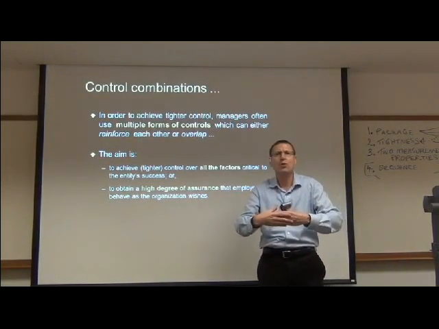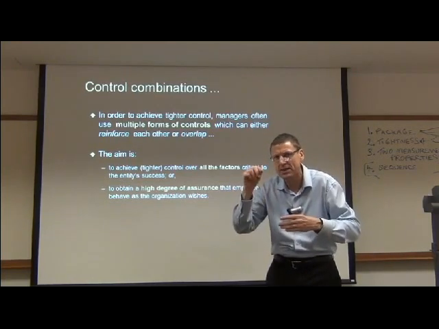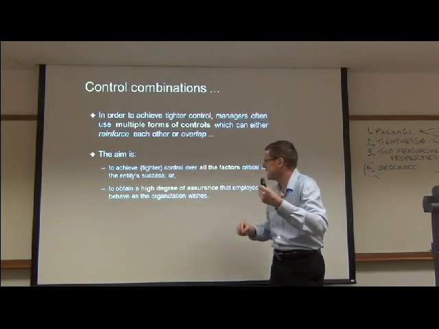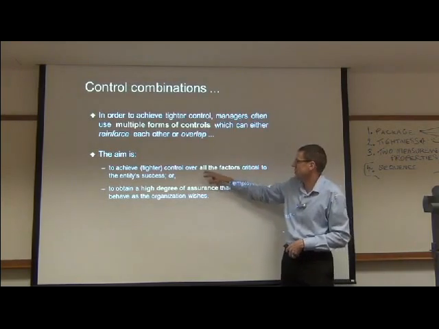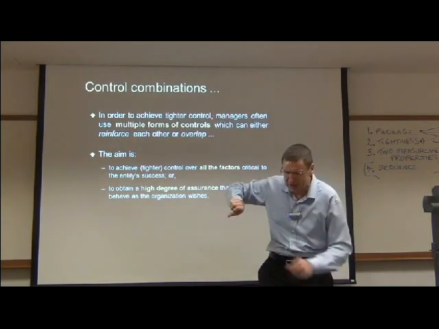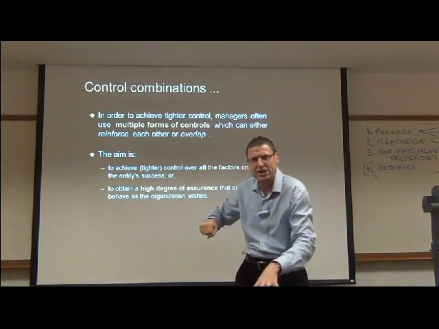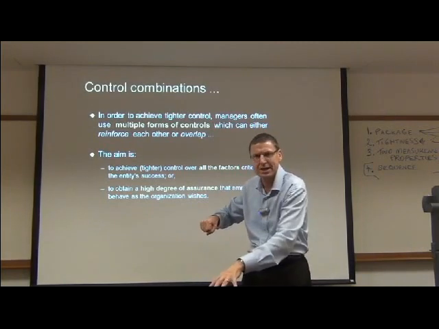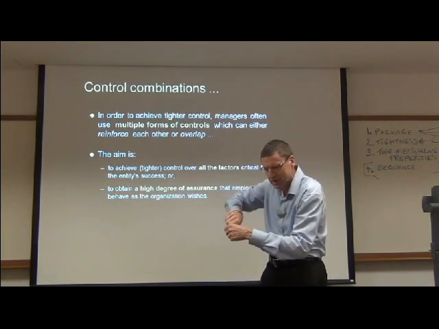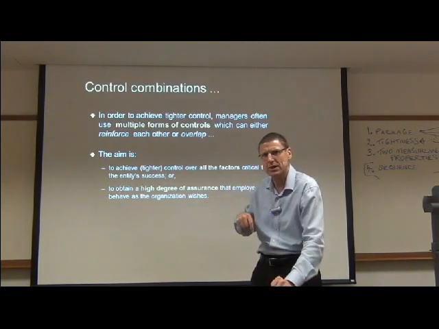And therefore, what did we say in week 4? There is less leakage, drip, drip, drip. The aim is to achieve control over all factors critical to success. If you screw too tight on the results control, you may get a leakage in the personnel or the actions that are taken. Or the other way, if you really tighten down on the actions, you may have a leakage on the results or the personnel.